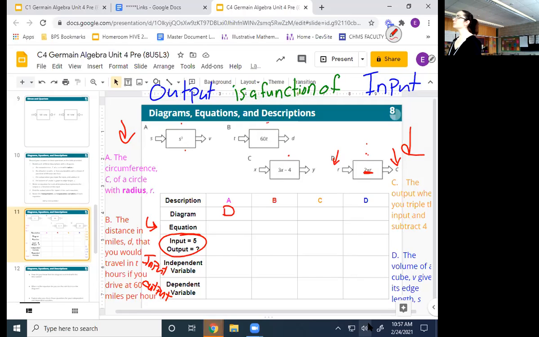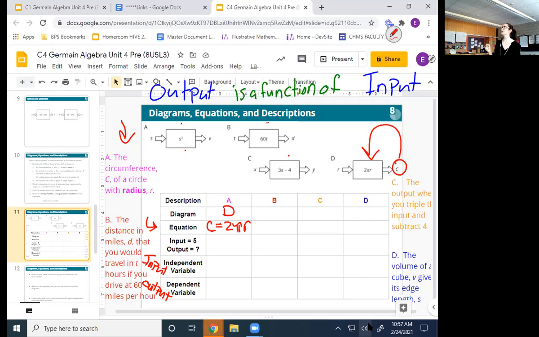Good. So then if we look at the equation for this one, we are going to say that output is equal to what's inside that input, the function machine. So we would write C is equal to what's inside that function machine, 2 pi r. Now what you're going to do is plug 5 in there for r, and figure out what your output is going to be. So you're going to rewrite this equation.